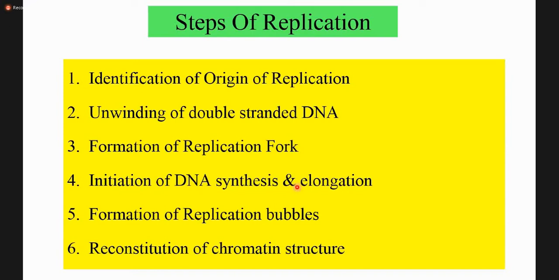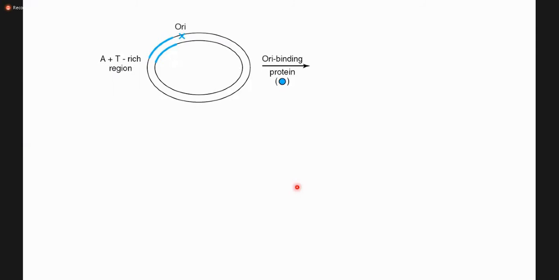Starting from the identification of the origin of replication, which is identified by ORC, the double strands are then unwound, then the replication forks are formed, then DNA synthesis is initiated on both the leading and the lagging strand, and then the replication bubbles are formed, and the last step is the reconstitution of the chromatin structure.